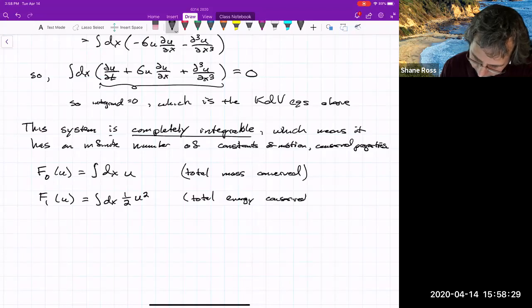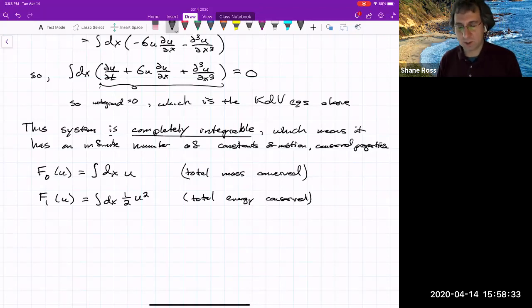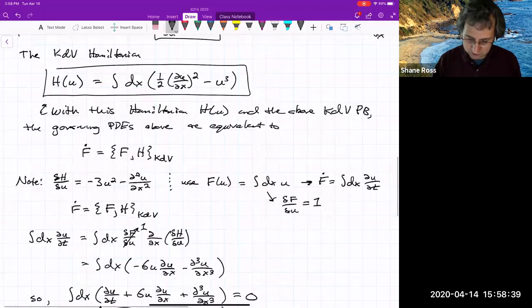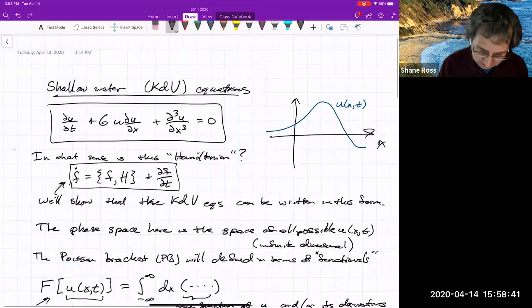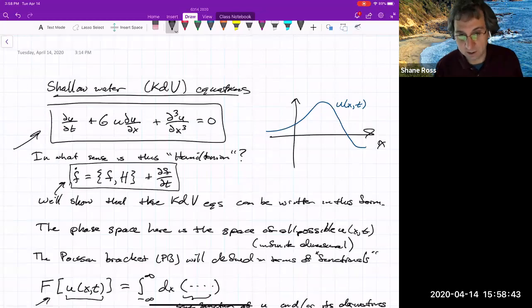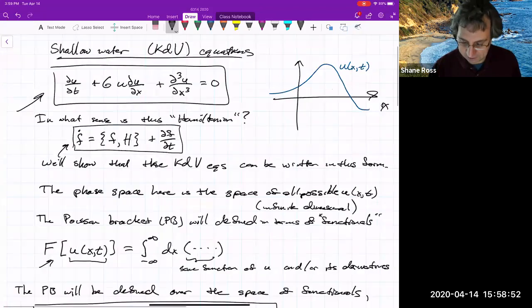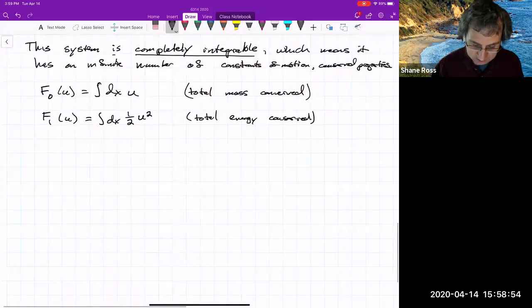So if you were to calculate this integral at each moment in time, both of these, you would see that they remain what they were initially. So if you just used your favorite PDE solver on this set of PDEs up here, you could numerically verify that certain things are constant through time, and it's these things.